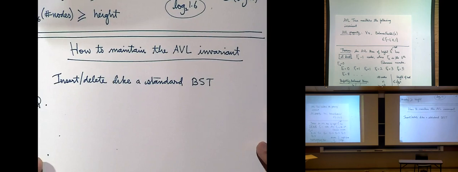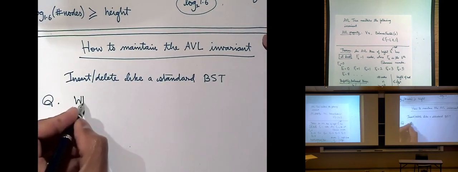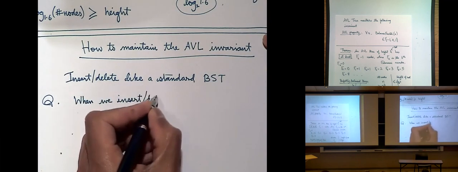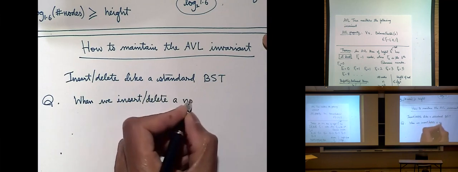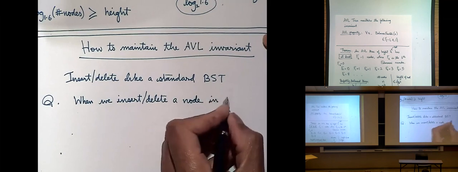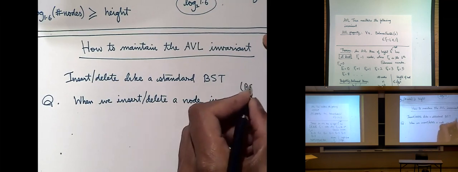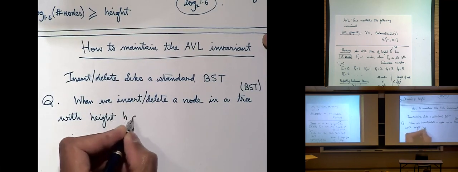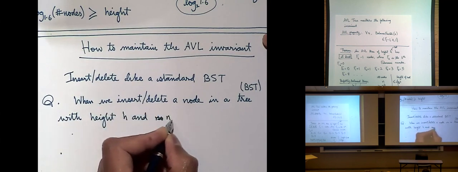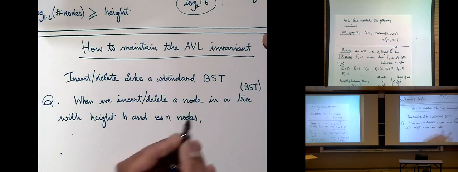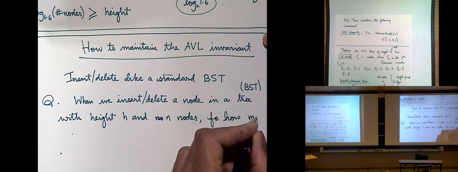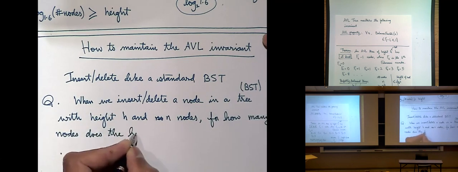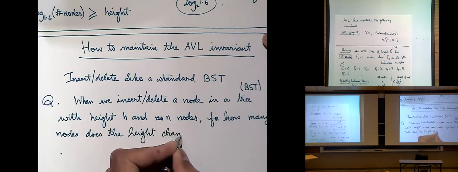So now I'm going to ask you a question. When we insert or delete a node in a tree, in a BST, with height h and n nodes, for how many nodes does the height change?